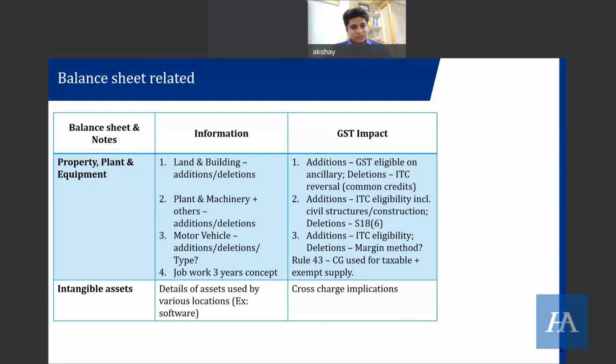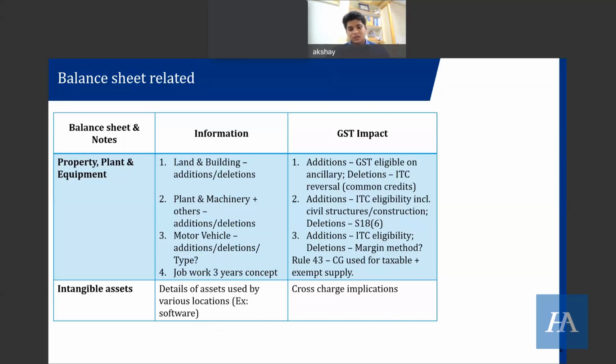Coming to intangible assets, there are certain assets like software which may be used by multiple locations. As you know, GST is a state law also, where GSTINs are provided for each state, and sometimes you may have more than one GSTIN in a state also. So the implication is that when an asset is being used on a PAN basis for the entire entity, then which is the actual entity having these charges?